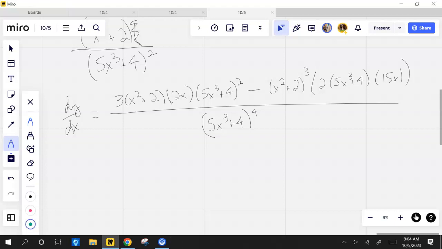The first thing that I see before I even do anything else, these 5x cubed plus 4s, there's 2 here, there's 1 in this piece, and there's 4 down here. I'm just going to take one of these out. That's the very first thing I see. Well, this one only had 1 to give, so I can only take 1 away from it. So it's just a 1 now.